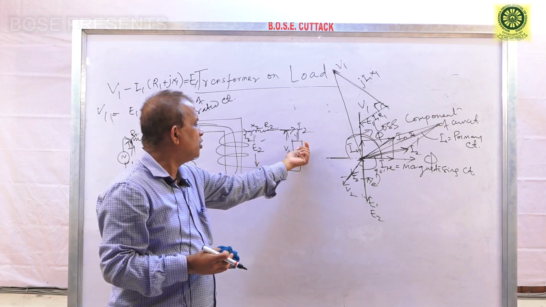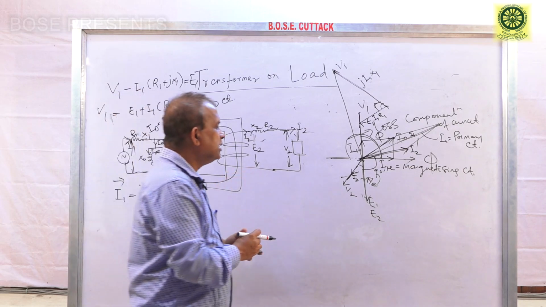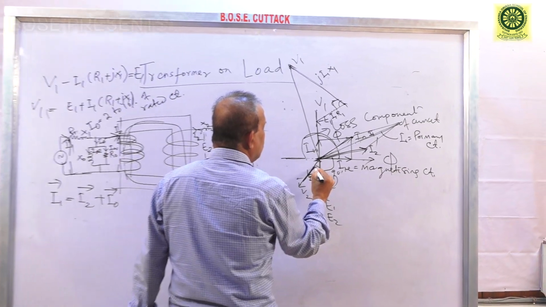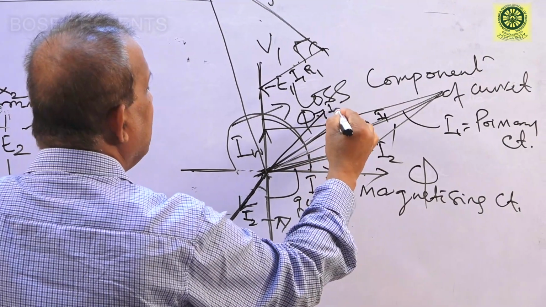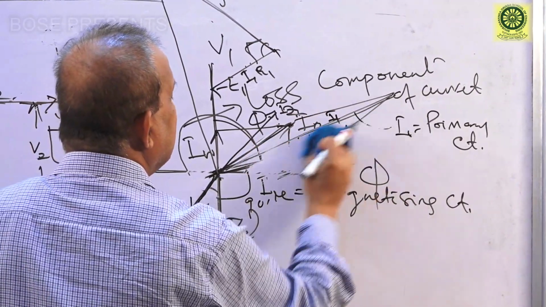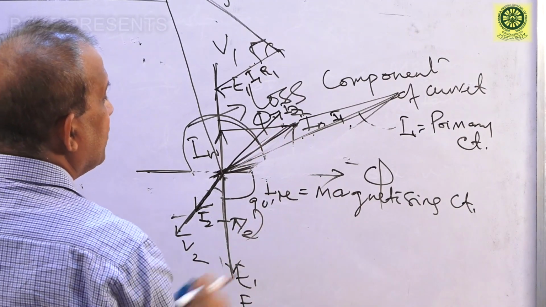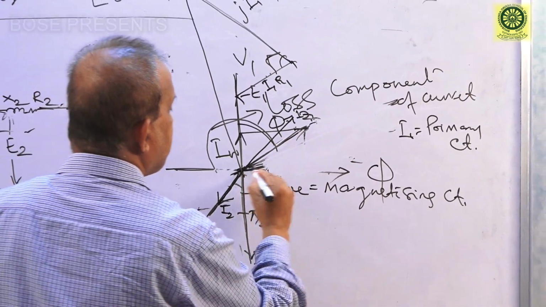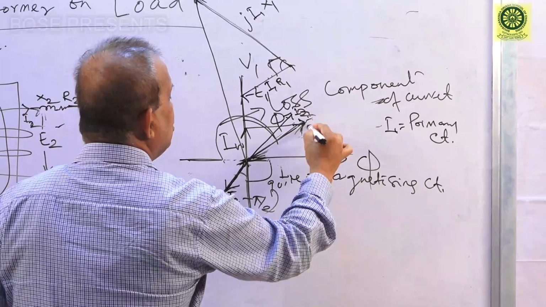So that means the nature of the load is unity power factor. In that case also I am doing it in the same manner. I am to withdraw this like this. So this is my I2, unlike what I had done earlier. So this is the I2 and this is the I0.